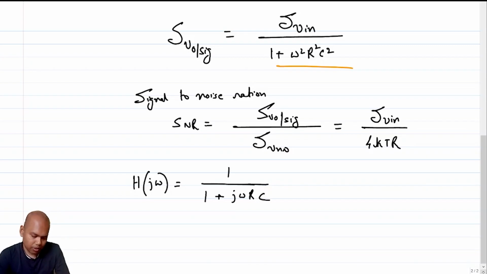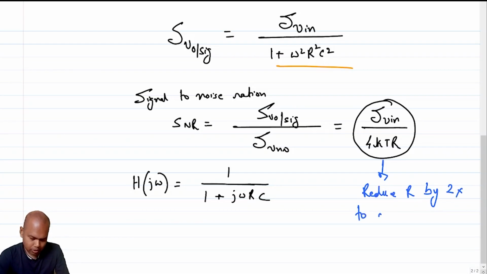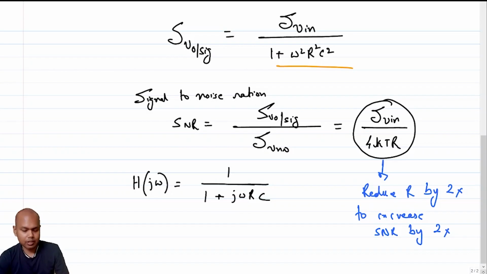So we understand that we reduce R by 2x to increase SNR by 2x, right? But reducing R by 2x impacts the transfer function itself.